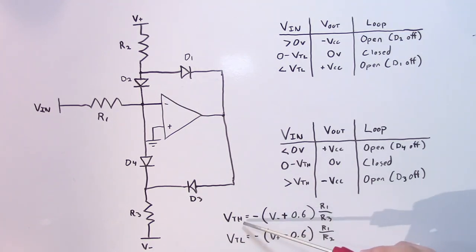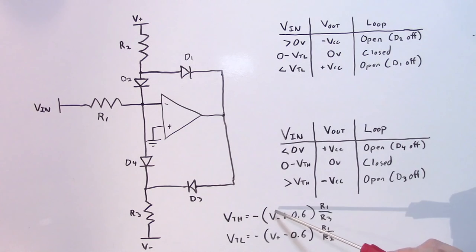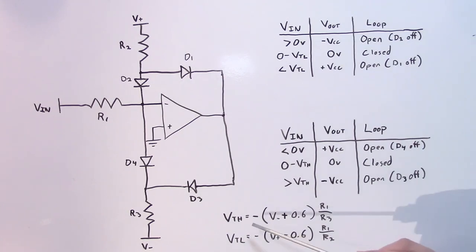Now, your high voltage is still going to be positive and your low voltage is still going to be negative because V minus is going to be a negative voltage here, and of course V plus is a positive voltage. But you have a window comparator where you can individually set the high voltage and low voltage as long as your high and low voltages that you're interested in are positive and negative respectively.